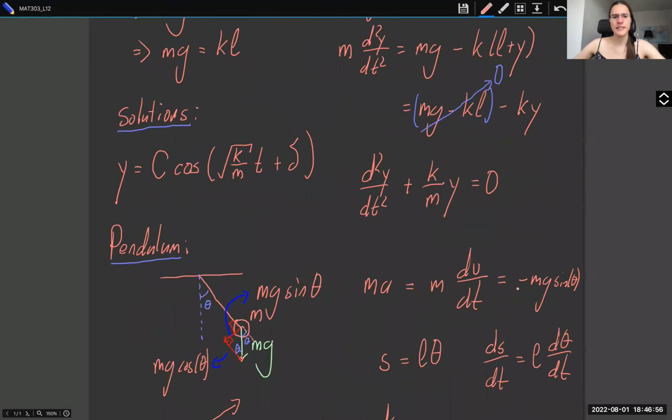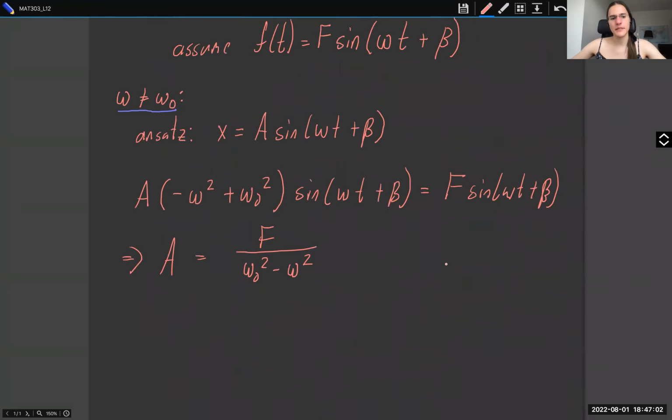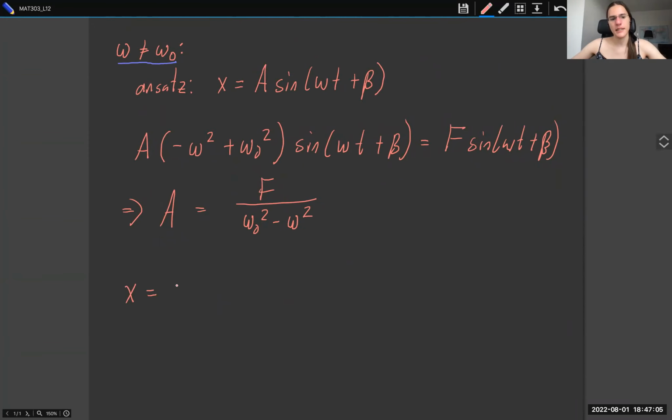So let's write this solution in terms of sines just to be consistent. So what we're going to get is that x is equal to, let's say, some coefficient c, then sine of omega naught t plus delta. And then plus this particular solution, f over omega naught squared minus omega squared, of sine.